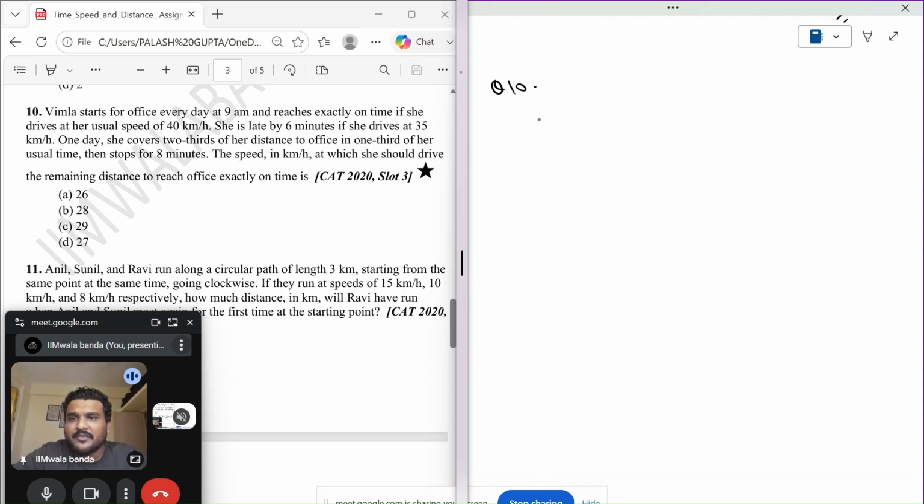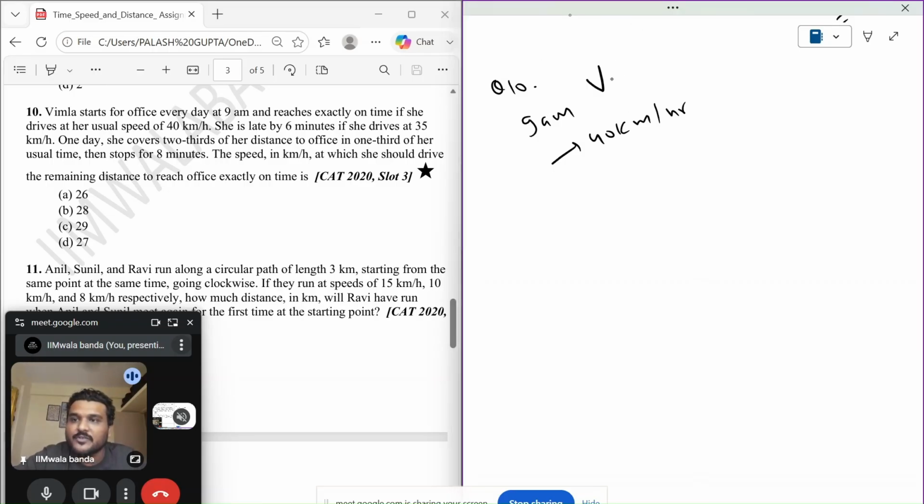Vimla starts for the office every day at 9 a.m. She reaches exactly on time if she drives at a usual speed of 40 kilometers per hour. So usual speed is 40, usual time is t, usual distance is d.